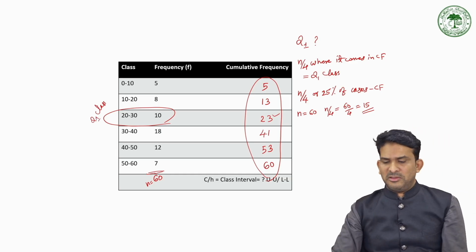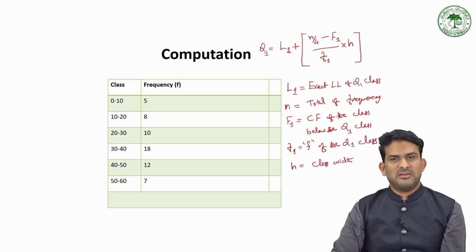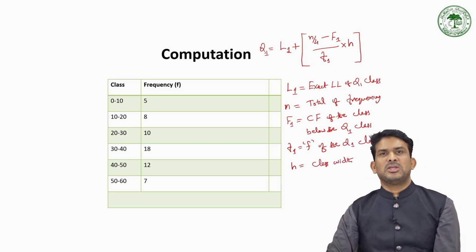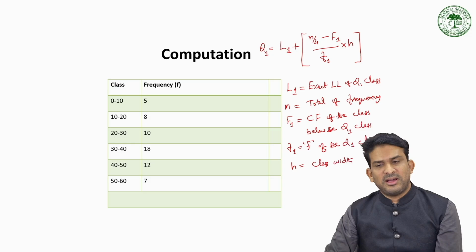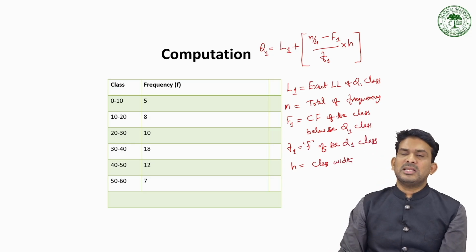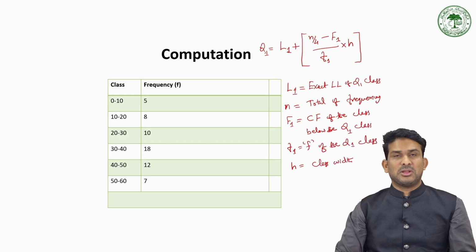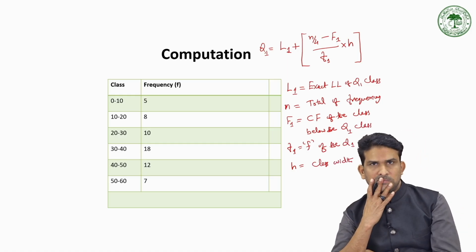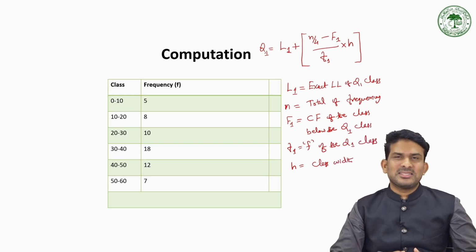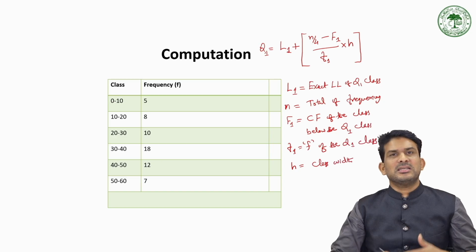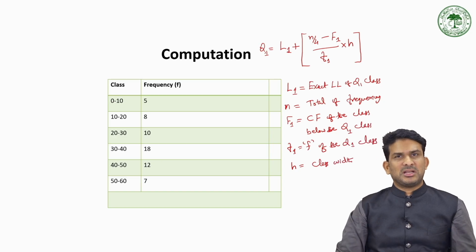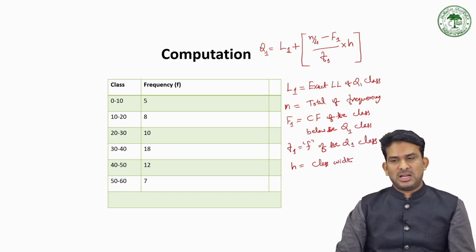Now, why don't you apply everything like this? We need to identify the exact lower limit of the Q1 class. We have to identify capital F, that is the cumulative frequency of the class preceding the Q1 class.